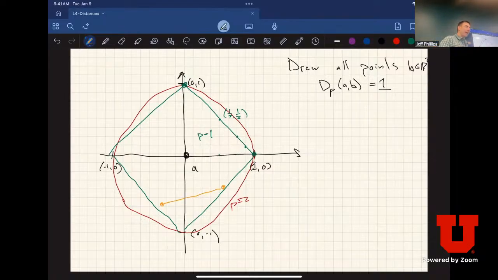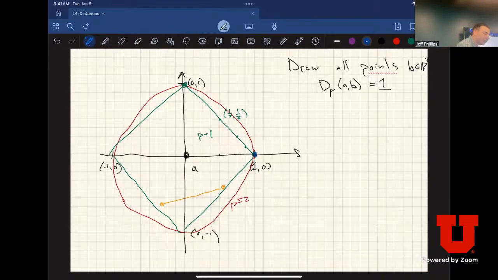Okay, let's do the L infinity distance. What's the L infinity distance? Give me 1 point that has L infinity distance 1. 1, 0. Yes, all the LP distances are going to go through these 4 points I marked.